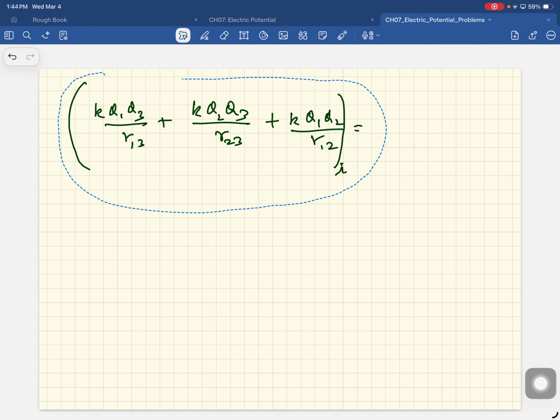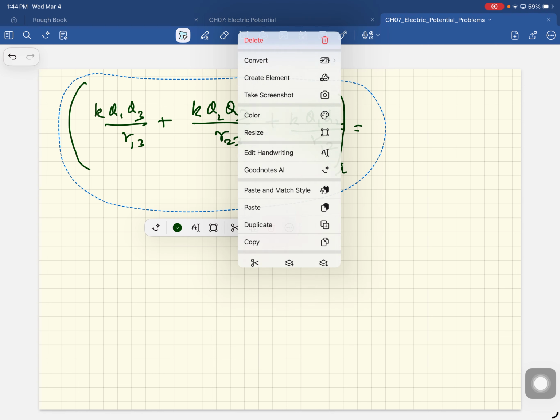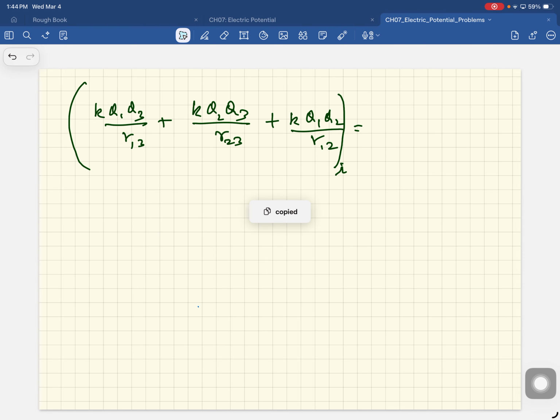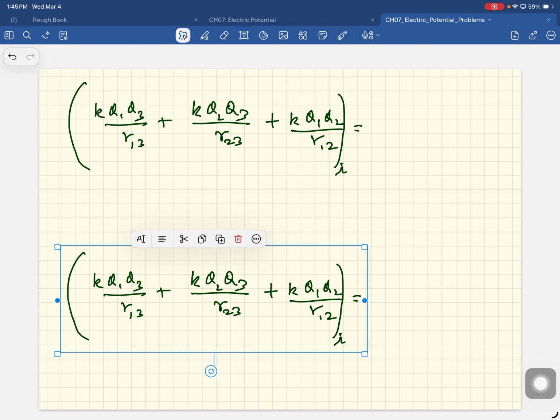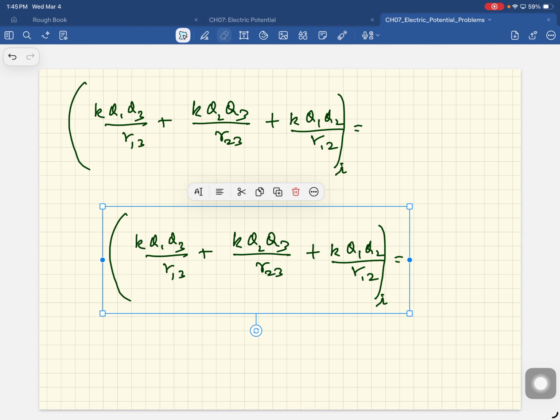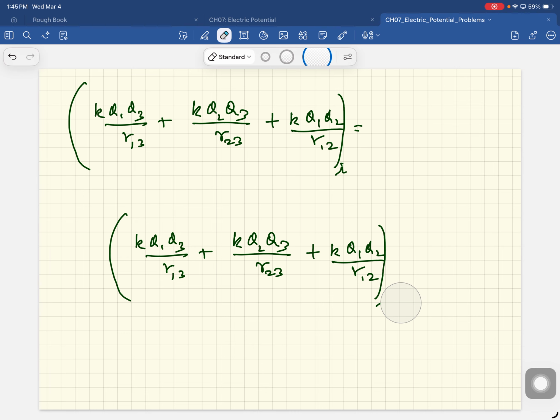Milli is 10 to the minus 3, and a gram is 10 to the minus 3 kgs. So 10 times 10 to the minus 6 kgs. And the distances are, R initial is root 13 centimeters into 10 to the minus 2 meters, and 1.5 into 10 to the minus 2.